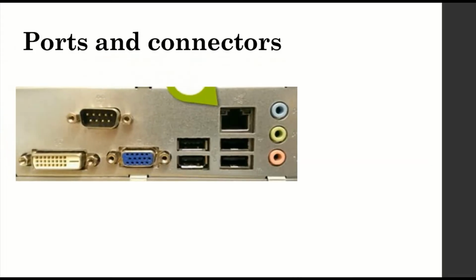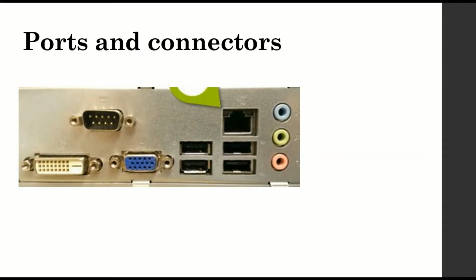This screen also shows other ports, which are found on some of the desktop computers. Of course, some are old. You can't find them on the new computers because they are obsolete. DVI, you can still find it.